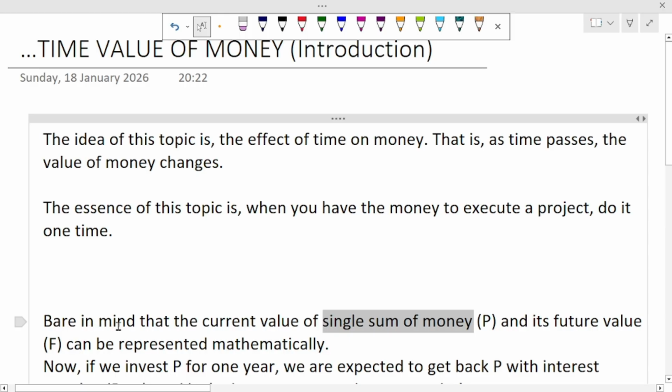And when you see F in the formula, it means future value of money. Now the future value can be represented mathematically.